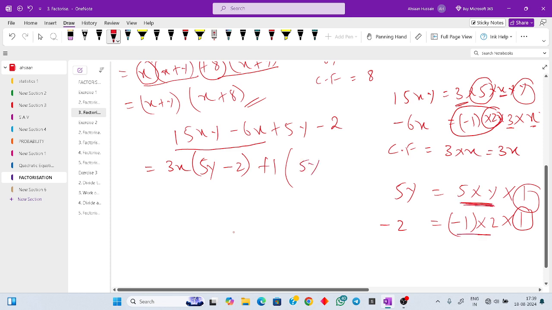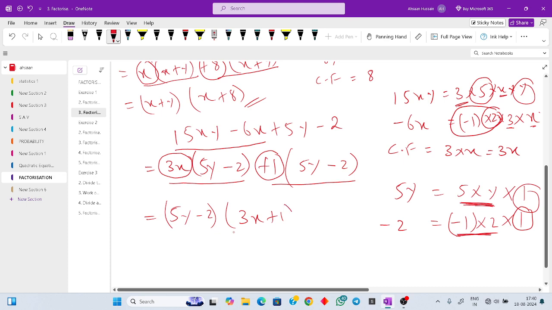And what is left here? Minus 1 multiplied 2 is left. So minus 1 multiplied 2 is minus 2. Now from 4 terms, it has reduced to 2 terms. This is our first term and this is our second term. So in these two terms, 5y minus 2 is common, and here 3x is left, and here plus 1 is left. This is our answer.